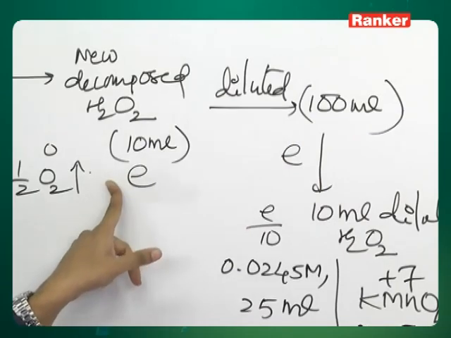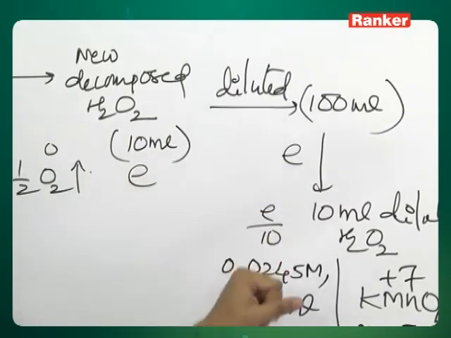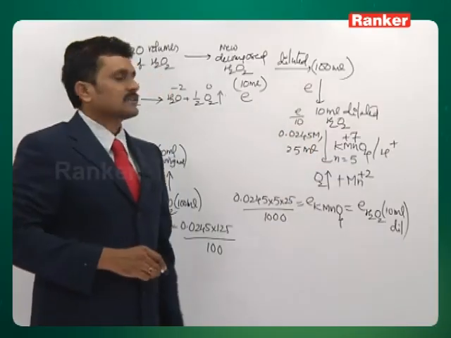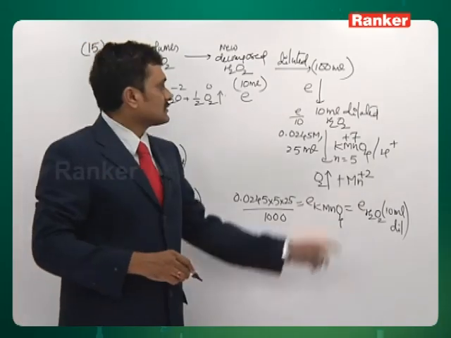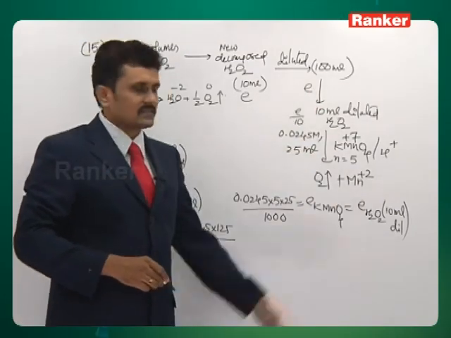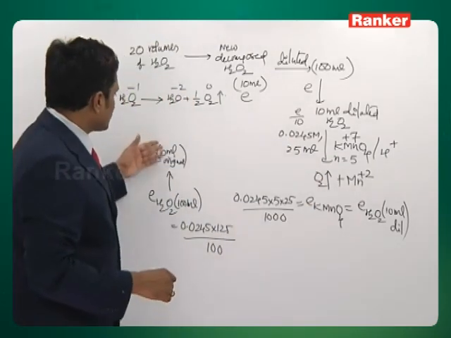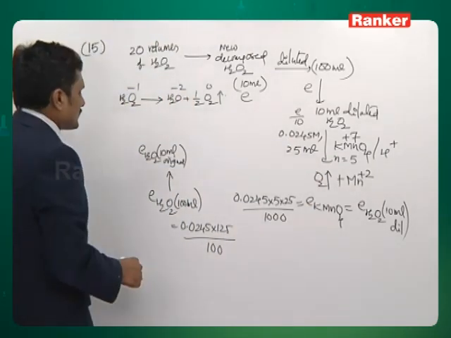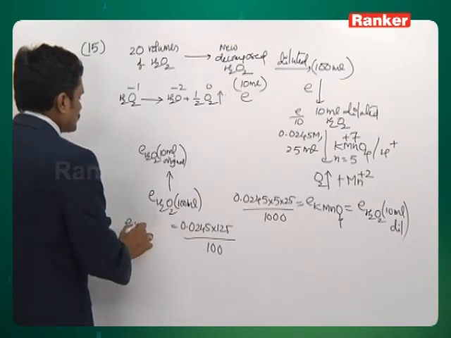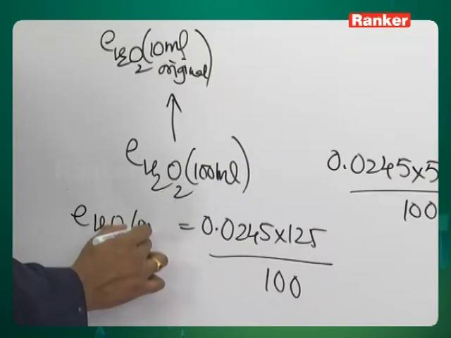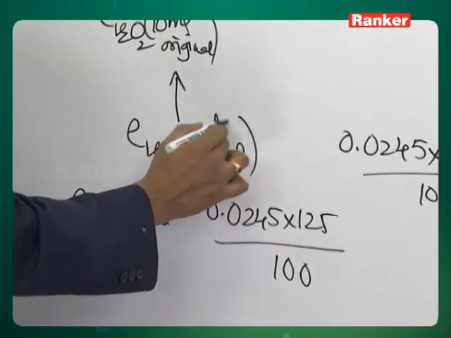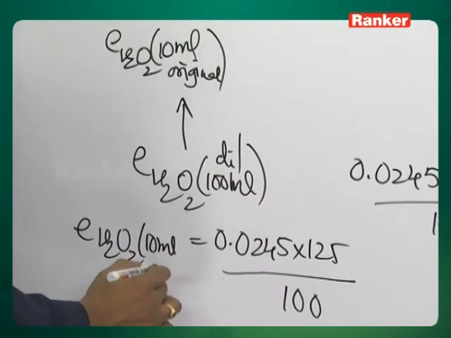Here if the gram equivalents are E, here also it will be E, but when you are picking up a certain amount from it, it will be reduced. I mean to say here 100 ml has become 10 ml, so accordingly the gram equivalents of H2O2 will decrease. And now these are the gram equivalents of H2O2 that are present in 10 ml original solution. This is dilute, this is original solution.